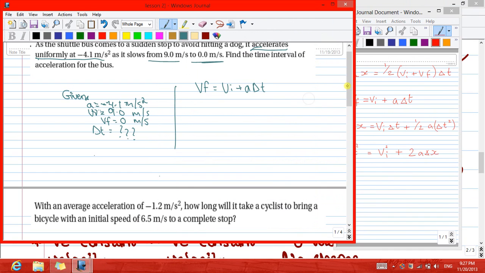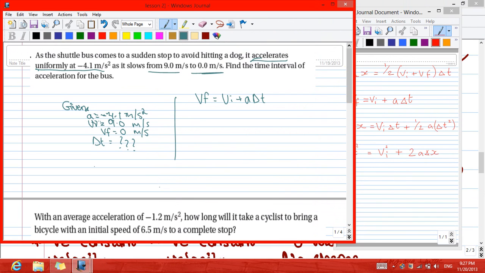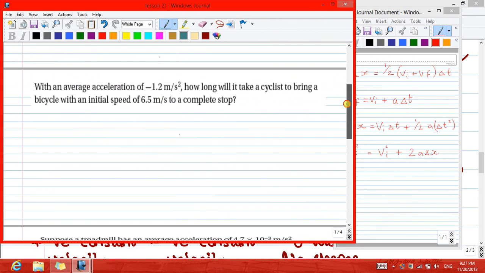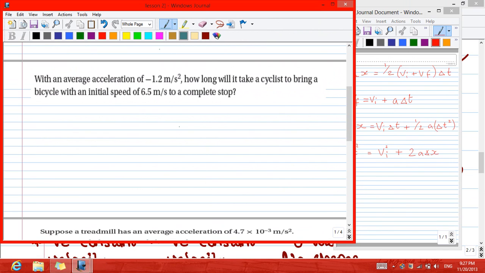Okay, so in the first part: with an average acceleration of 1.2 meter per second squared, how long will it take a cyclist to bring a bicycle with an initial speed of 6.5 meter per second to a complete stop?